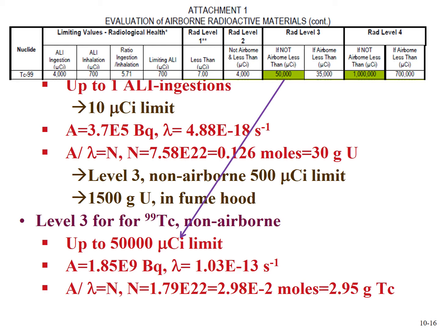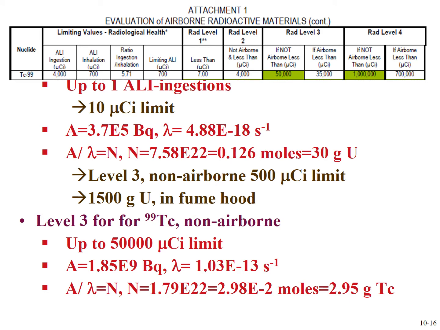One of the reasons that the ALI limit is so high is also coupled with the biological behavior of technetium. Pertechnetate ingested is readily passed, which is one reason that it's used in radiopharmaceuticals. So we can see that we have a value of 50,000 microcuries.